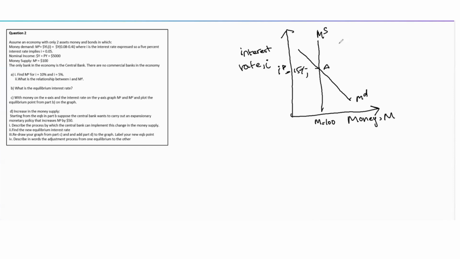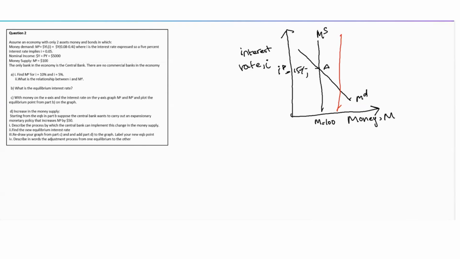Then money supply increases. So we have MS prime, right?